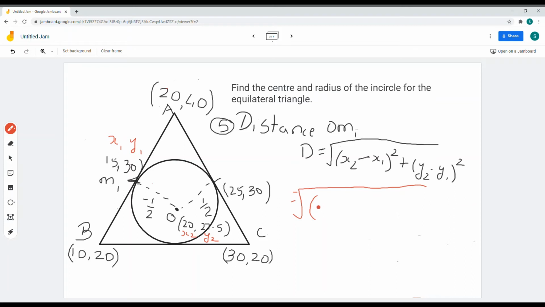So I've got 20 minus 15 the whole square plus, within the brackets, 27.5 minus 30 the whole square. So if you put this in a calculator, you should be getting maybe 11.25 units, and that's the radius of your circle.